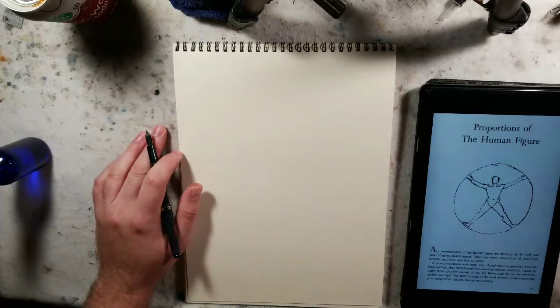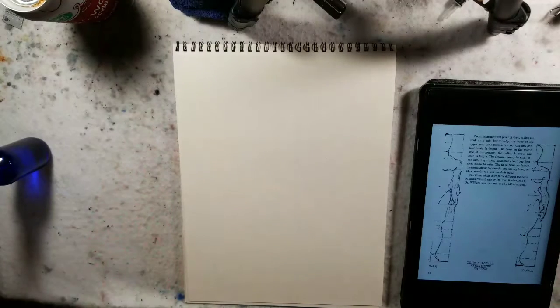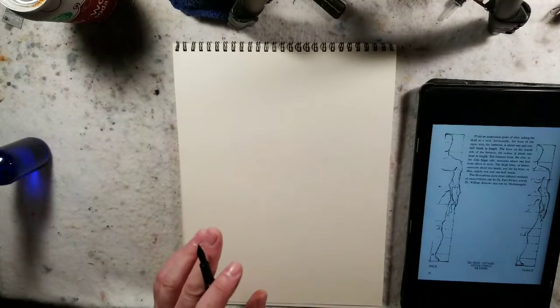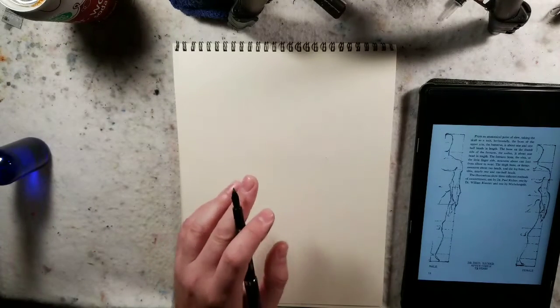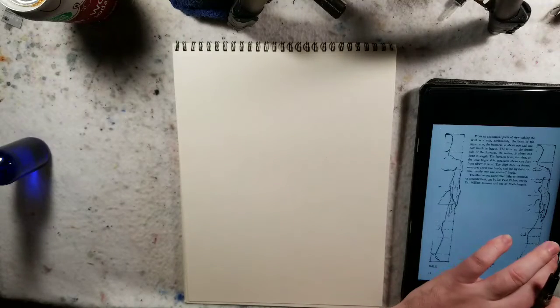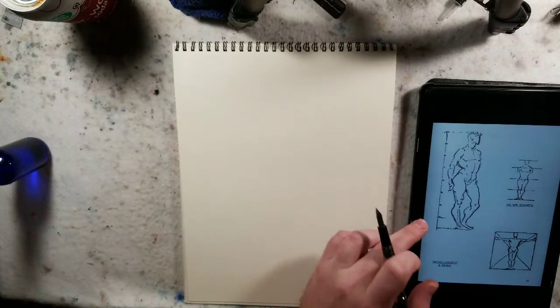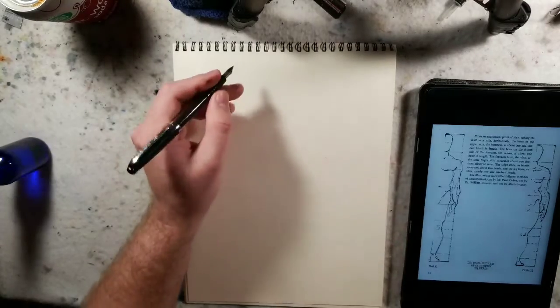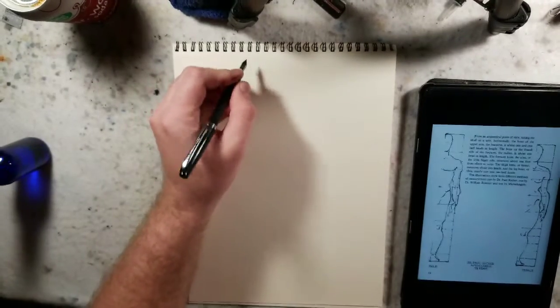And I think this is where it comes from. There are 3 different proportion guides for looking at the human figure. The one that I believe I learned might have actually been a cross between two of them. But we'll look at all 3.